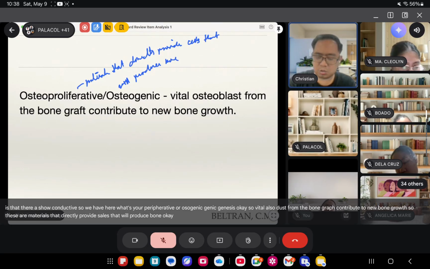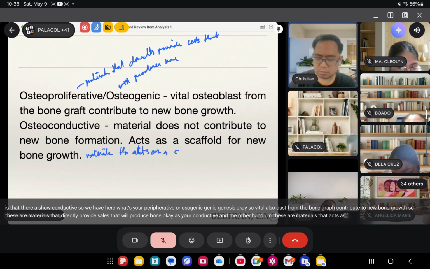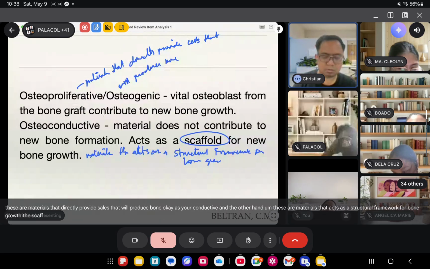Okay. Osteoconductive, on the other hand, these are materials that act as a structural framework for bone growth, to scaffold.